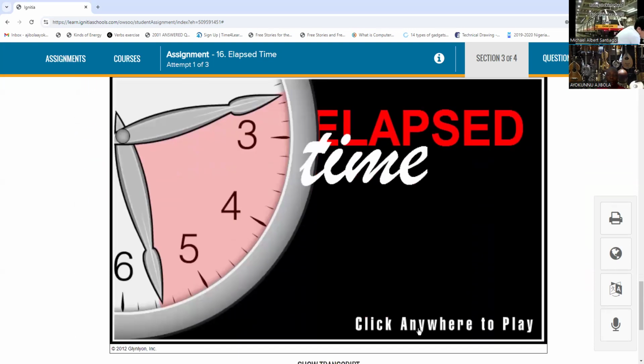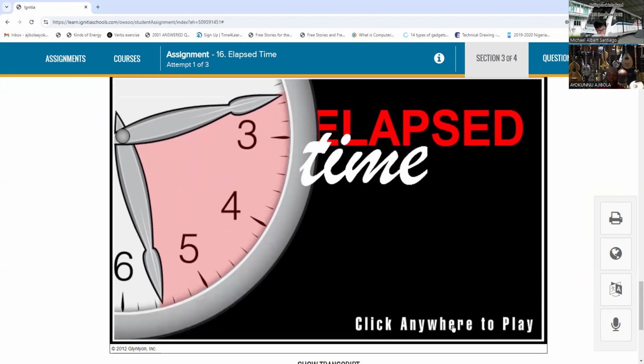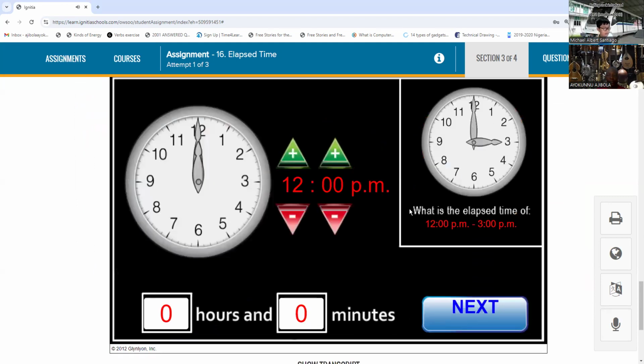So let us try to explore these animations to practice finding time elapsed. Hold on. I think I need to increase my sound, and then I need to share my sound.